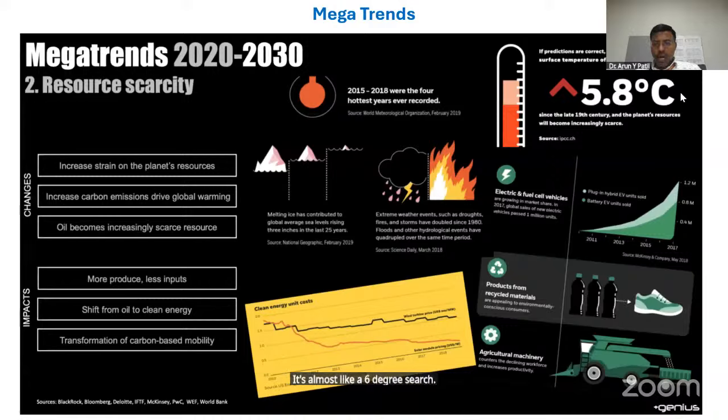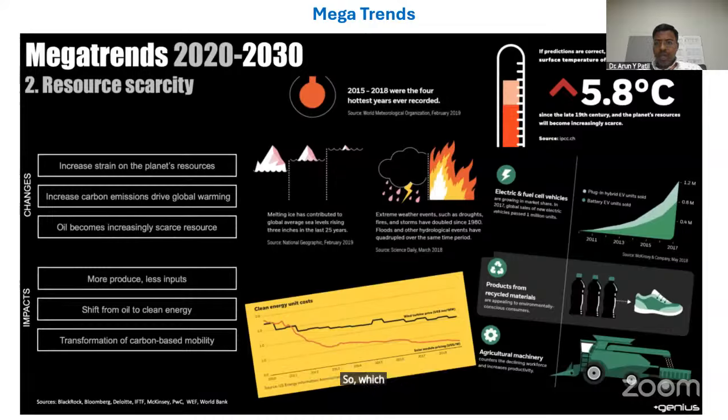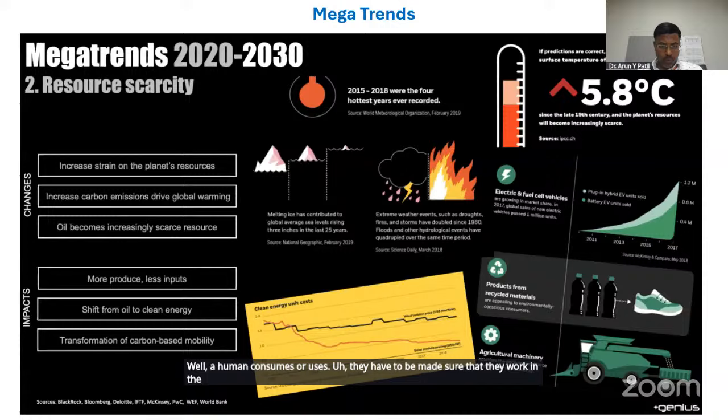In the last 1.5 years, you could see nearly a 3 degree surge in the temperature. This is a concern, because whatever consumer products or day-to-day products a human consumes or uses, they have to be made sure to work in the worst case scenario.